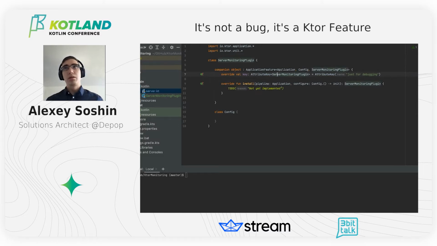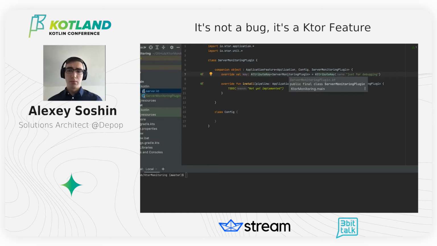But the string is actually just for debugging. It's not used. What is actually used is the attribute key itself, and you see that the attribute key is typed by the type of our plugin. This means that only the plugin itself can register its type. It's a very smart way to have type-safe registration.